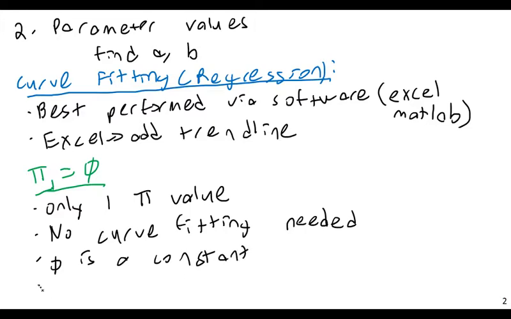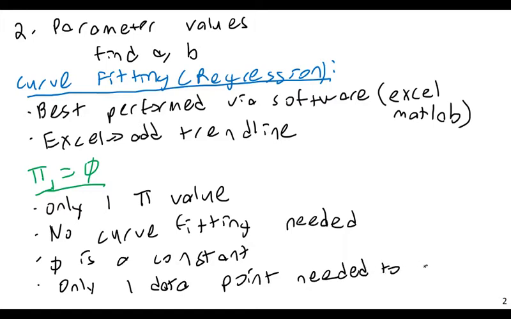And the other neat thing about this is only 1 data point is needed to evaluate. If all of this stuff simply comes to a constant, all I need is a single known point, and I can find that function because there's only one unknown, and that is phi itself. It's a constant.